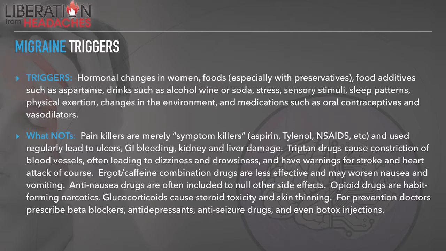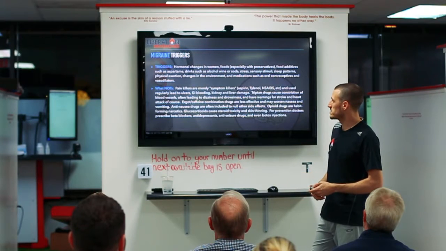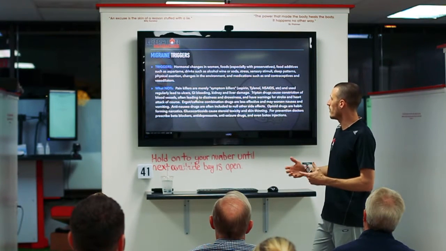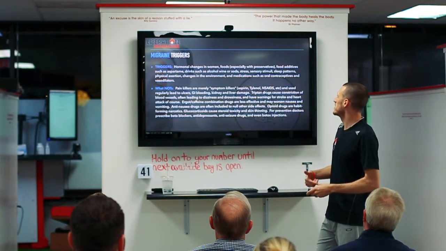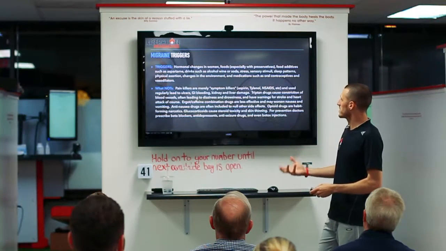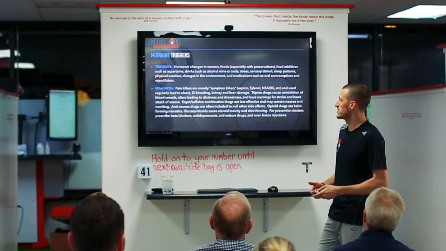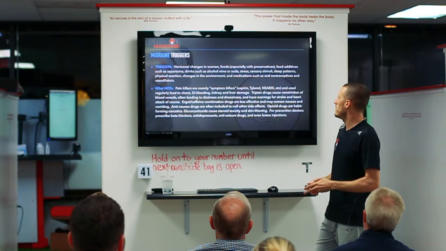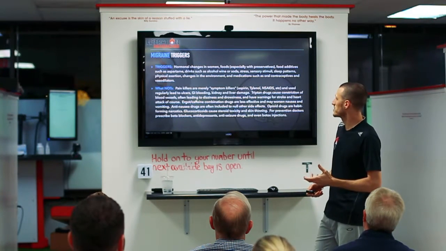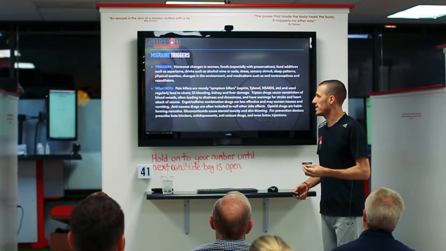There are triggers, okay? There's hormonal changes in women, foods, especially with preservatives, food additives such as aspartame, drinks such as alcohol, wine, or soda, stress, sensory stimuli, sleep patterns, physical exertion, changes in the environment, and medications such as oral contraceptives and vasodilators.